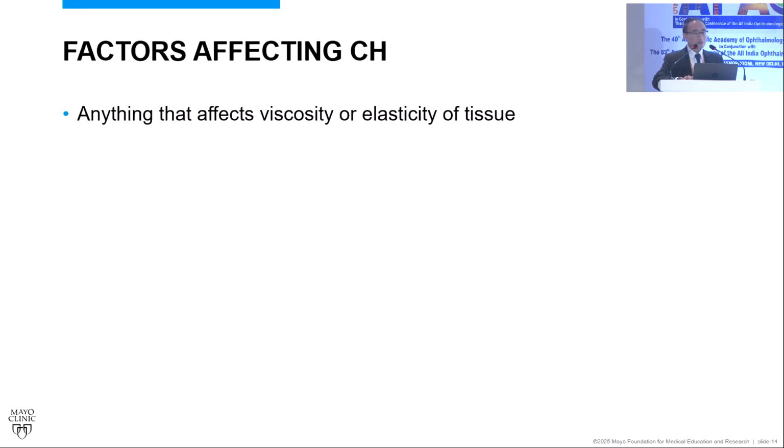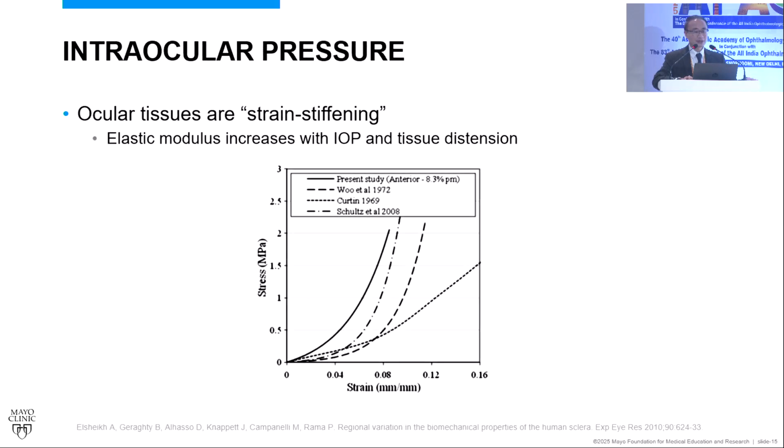So the problem with measuring corneal hysteresis is that anything that affects viscosity or elasticity of the tissue can affect it. It's very complex, and we see this in a lot of cadaver studies looking at the effect of different pressures on the eye.